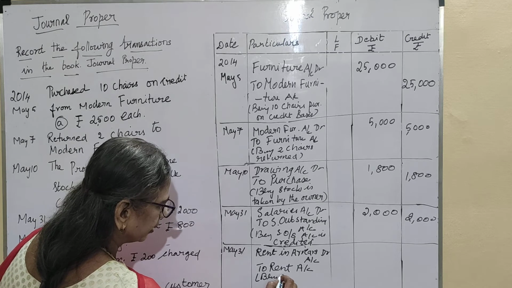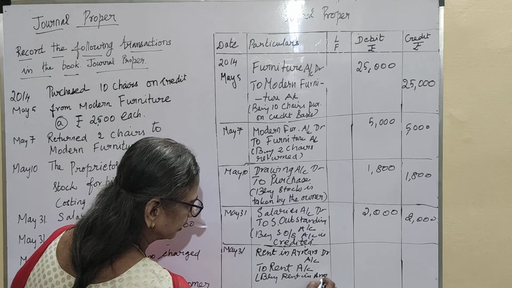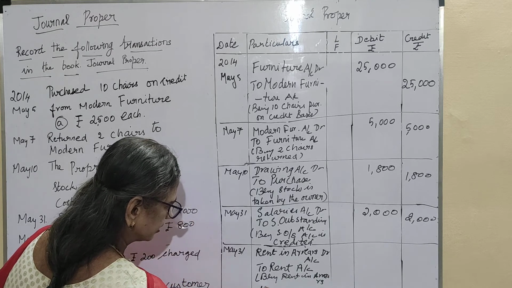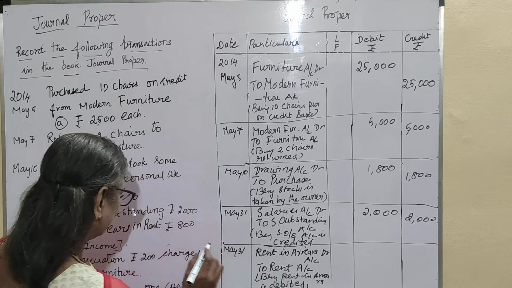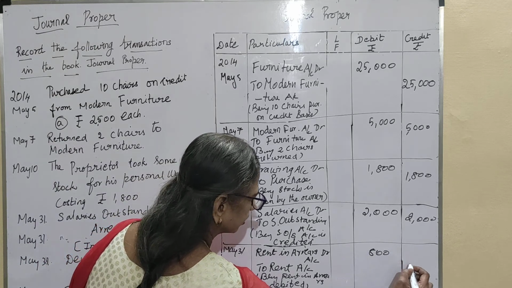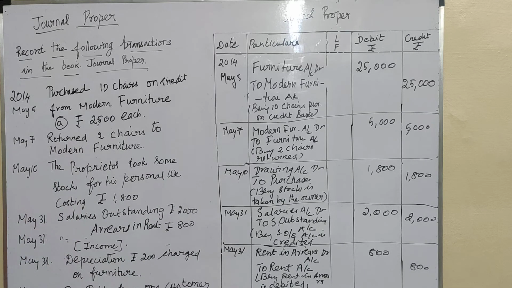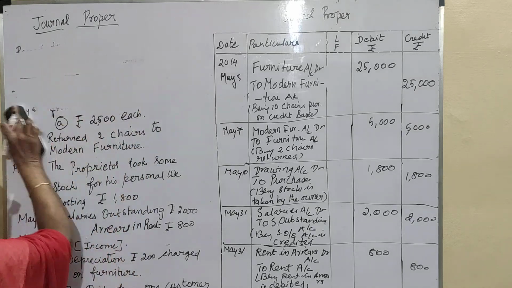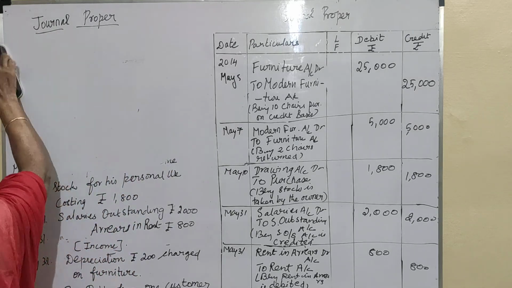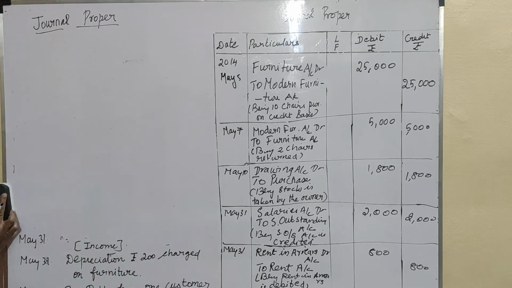Being rent in arrears is debited. How much? 800. Now next we'll write the date here. Salaries outstanding is over. Rent in arrears is over.